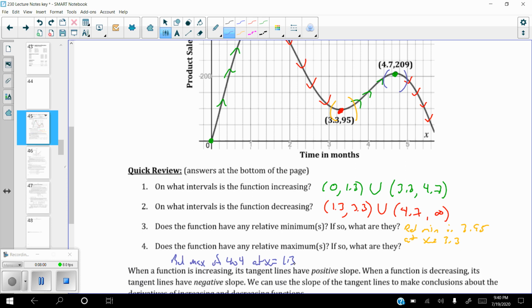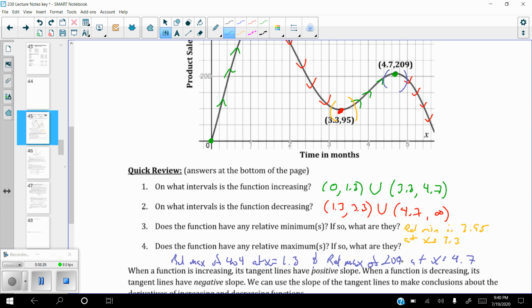I have another relative max of 209 at x equals 4.7. For some reason, my decimals keep dragging. That's a 209 right there.